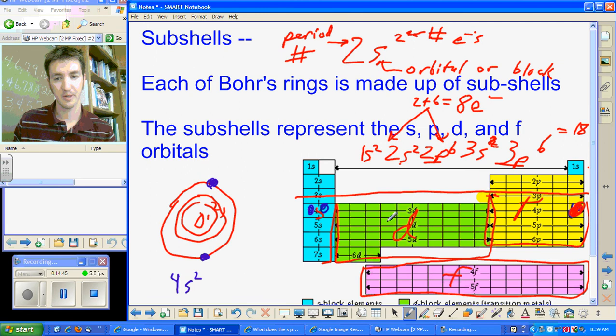Now, if you look at the table, what do we go through next? We go through the 3d. So, what does that big number tell us? The big number tells us the period number. So that means our period is 3. Even though we're on the 4th shell, these electrons go to the third period.